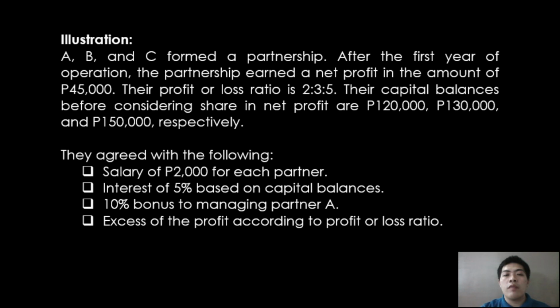Salary of 2,000 for each partner, interest of 5% based on capital balances, then 10% na bonus to managing partner A. So si managing partner A lang daw yung may bonus na 10%. Then yung excess of the profit according to profit or loss ratio. Now, hindi mention kung ano yung assumption sa net profit.